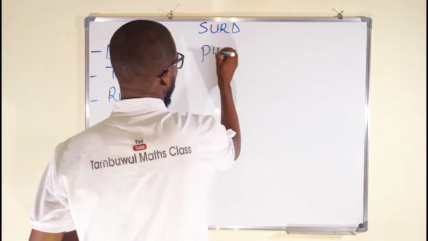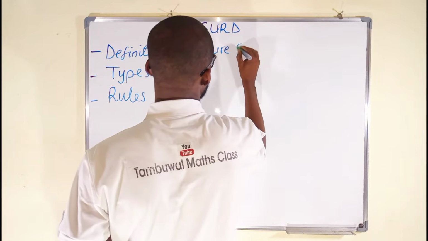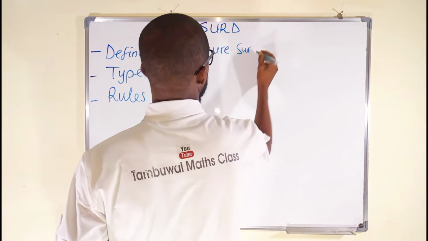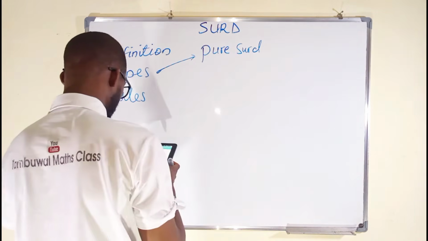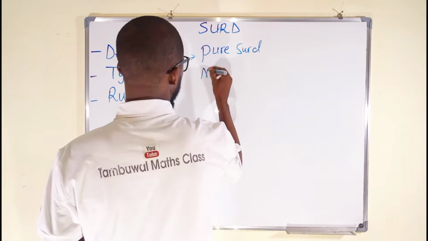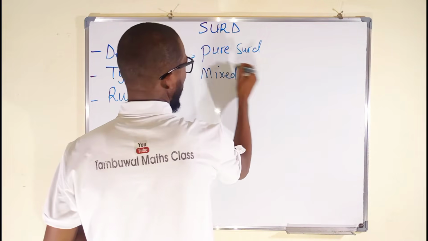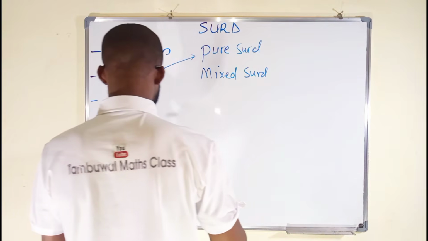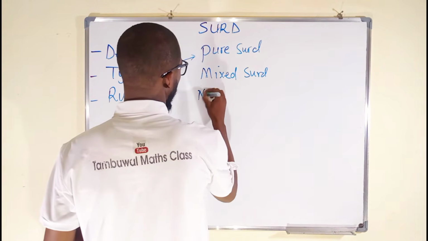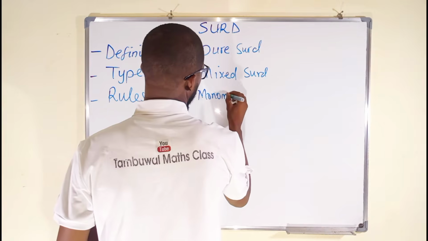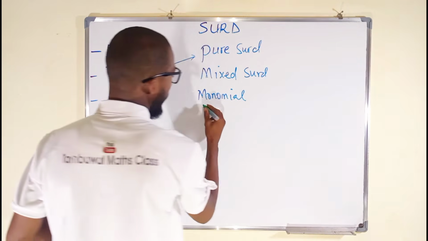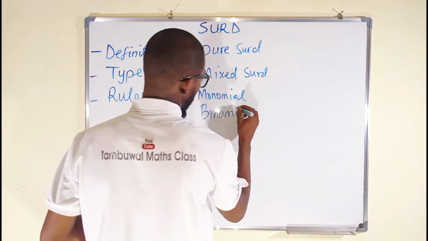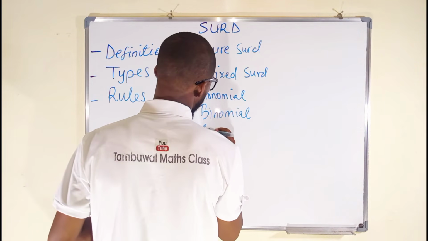We have pure SURD, we have mixed SURD, we have monomial, we have binomial, we have trinomial, and so on.